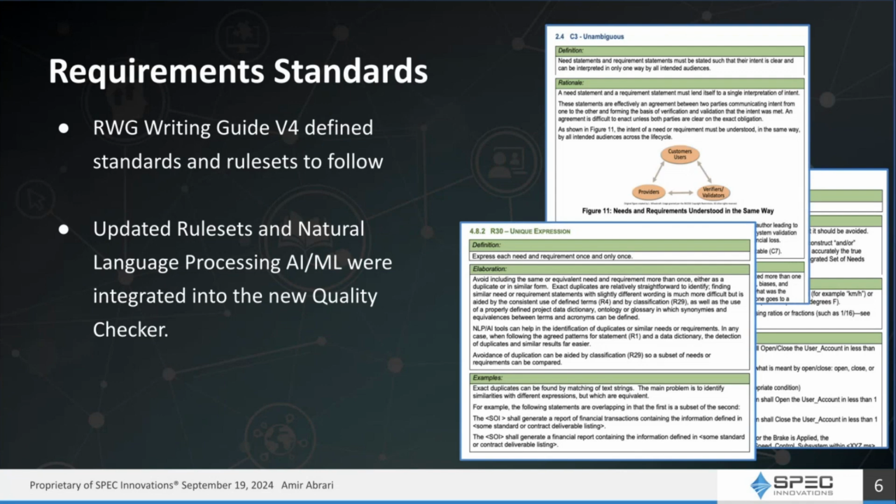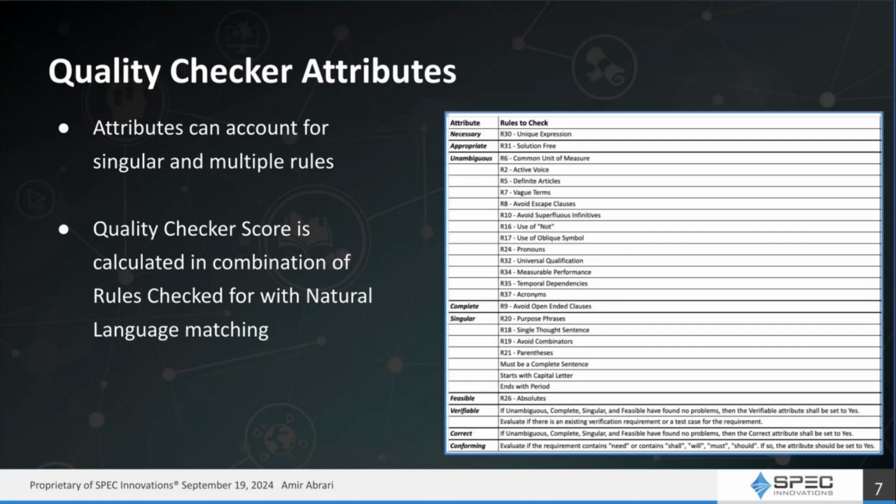So there are some rules that apply to certain statements, and some that don't apply to others. One thing we need to mention about the quality checker attributes is that we previously had our own set of rules, and we were able to redefine ours and make sure that we have some new attributes to capture everything.